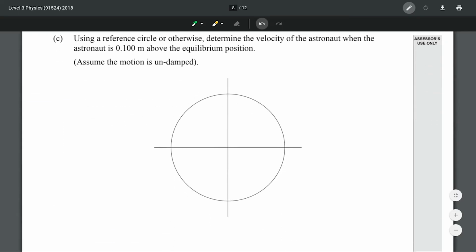Using a reference circle or otherwise, determine the velocity of the astronaut when the astronaut is 0.1 meters above the equilibrium position. Assume the motion is undamped. And so if we take our displacement as being in this direction here, our phasor, which is moving counterclockwise as they conventionally do, will look something like this, where our displacement here is our 0.1 meters.